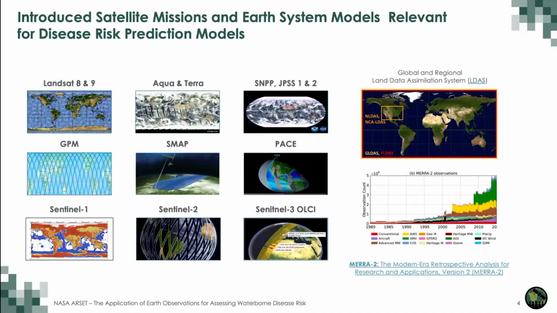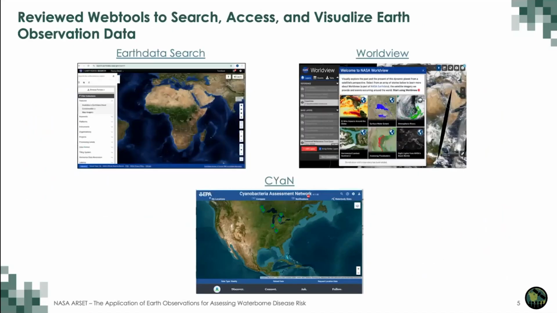They provide products which are not directly observable, such as runoff. And we had a review of web tools to search, access, and visualize Earth observation data. We looked at Earthdata Search, which helps in searching for any data set that you are interested in and guides you to where those data are, and you can download those by spatial and temporal subsetting. Worldview also allows visualization, and you can look at multiple layers at the same time. So we had a demonstration of that.